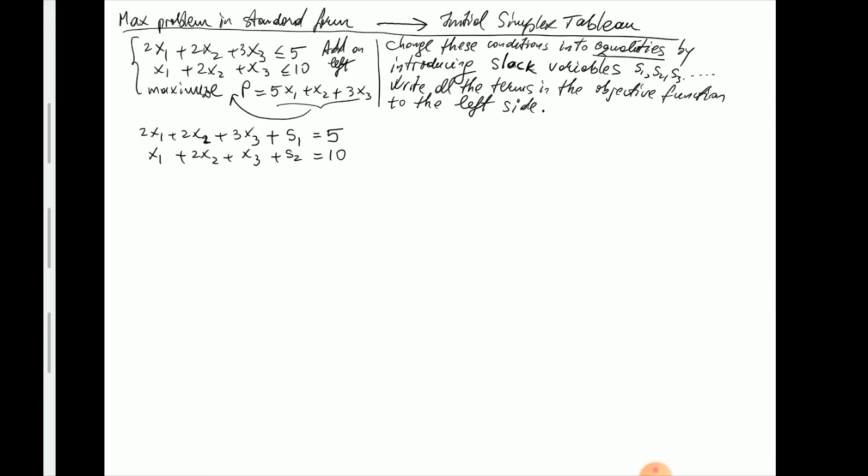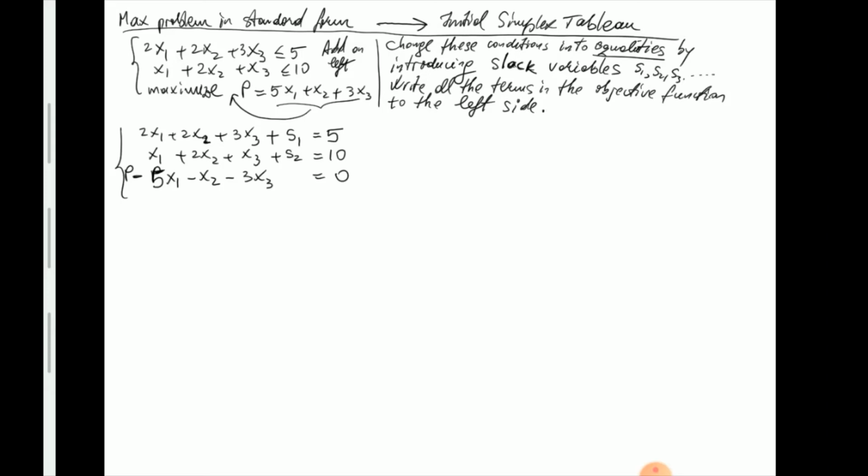And then we're going to move all the terms to the left. Why? Well, that's all about how this algorithm is implemented, but it's about essentially standardizing these steps, right? So the last equation will always be the objective equation with all the terms moved to the left side. Let's arrange it by column like that. So p minus 5x1 minus x2 minus 3x3 equal to 0.